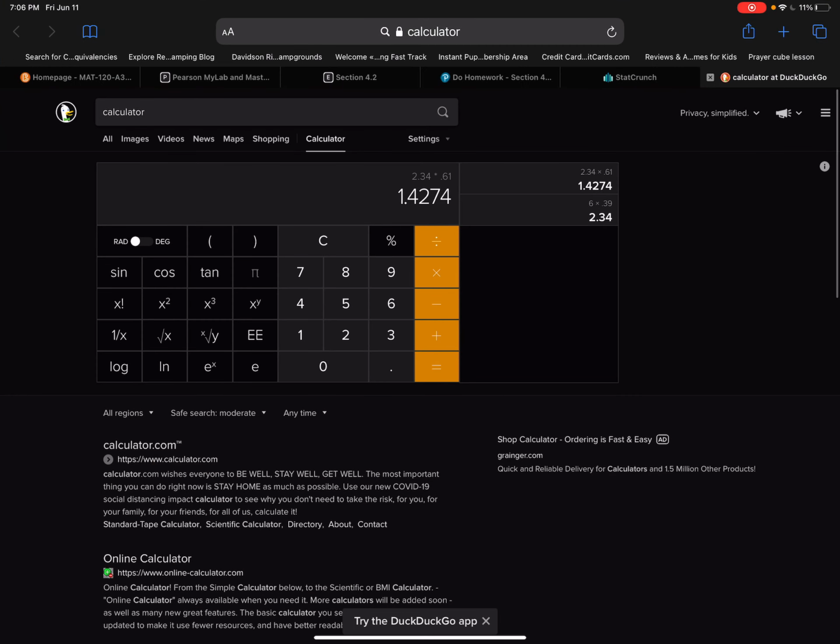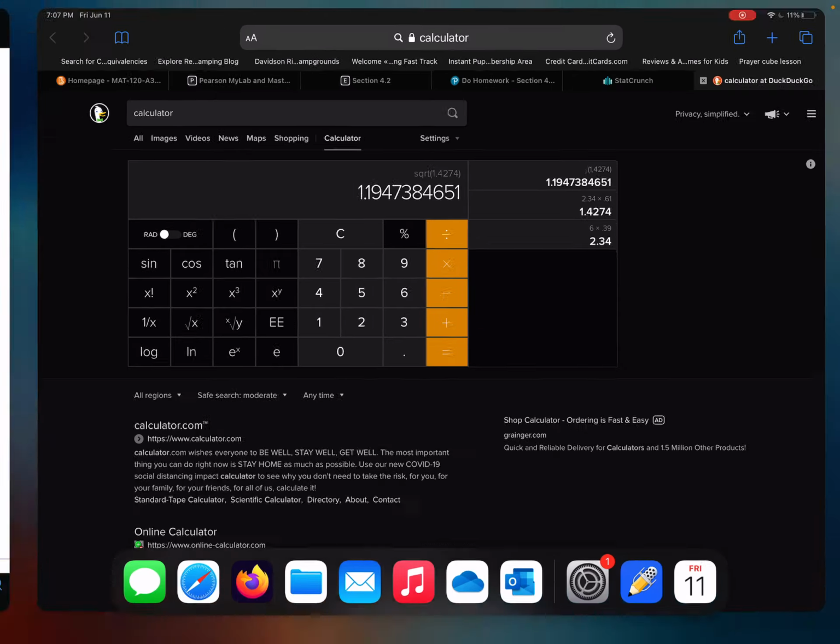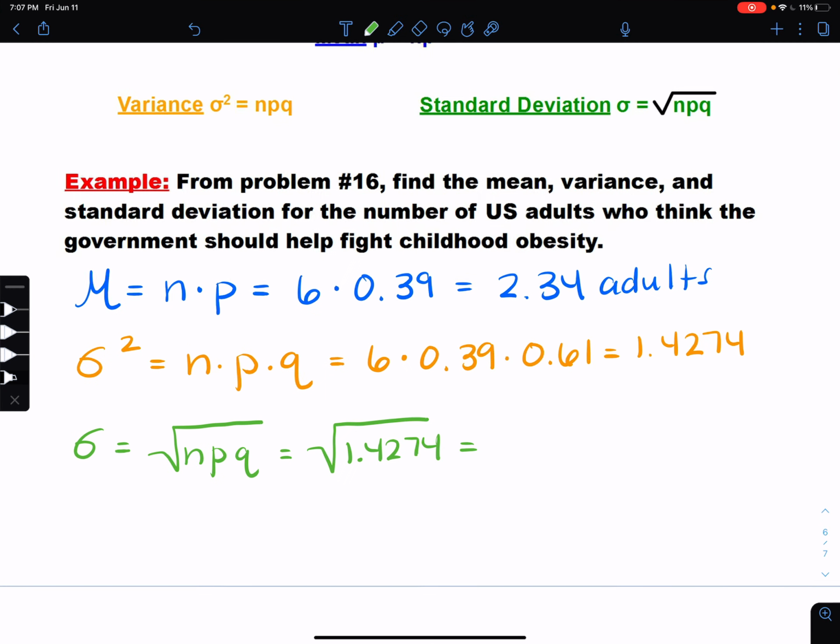All right, so I'm going to take the square root of that variance, 1.4274. And I'm going to go ahead and round this one to 2 decimal places and report my standard deviation at 1.19. And the way I would interpret this, the mean, I would expect about 2.34 adults to say, yes, the government should do this.